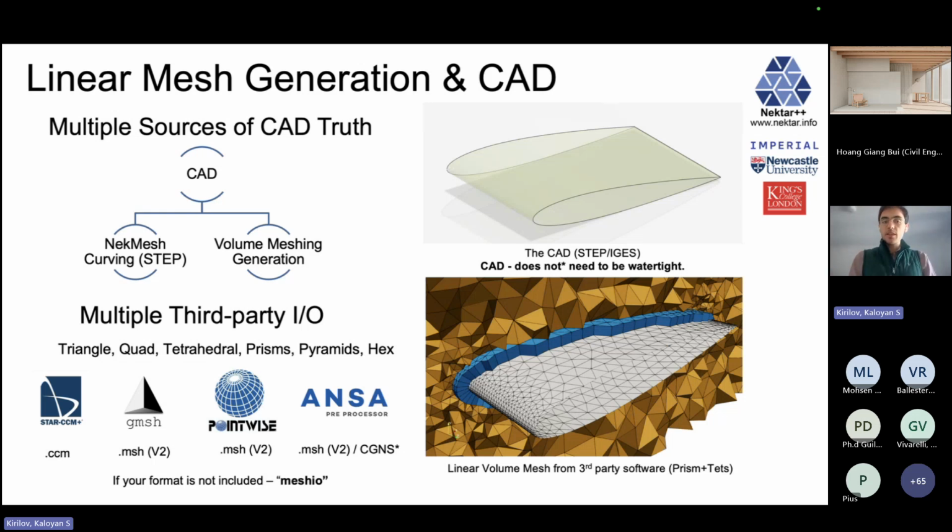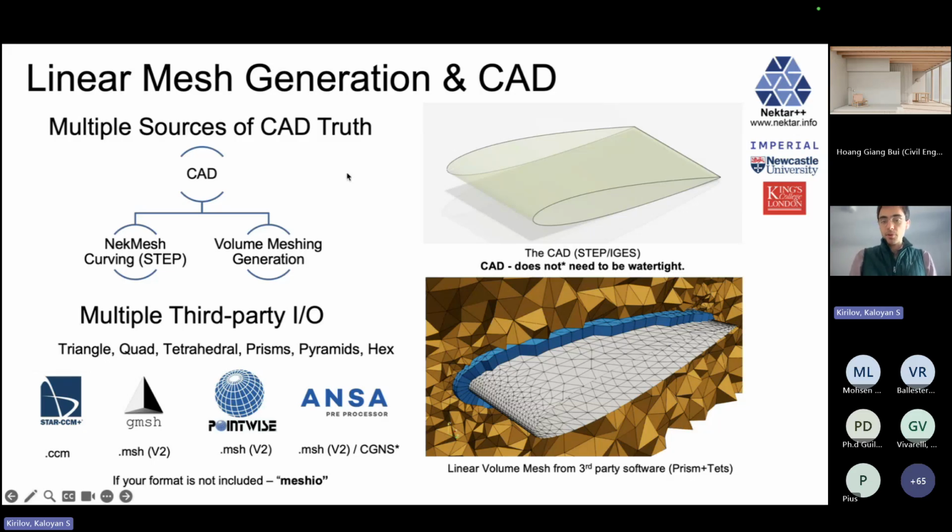More precisely, what kind of CAD can we use here? This is one of the very strong points of our workflow: you can separate the CAD file or the geometry file that you use for your linear mesh generation in your third-party tool from what you use in NekMesh for the high-order part, the mesh curving and the mesh optimization processes.